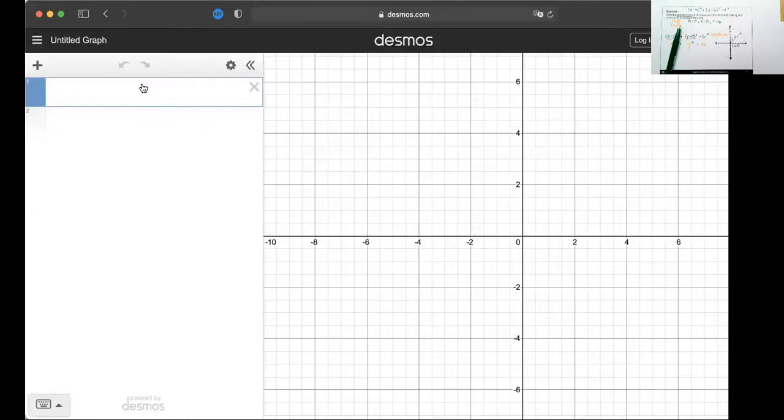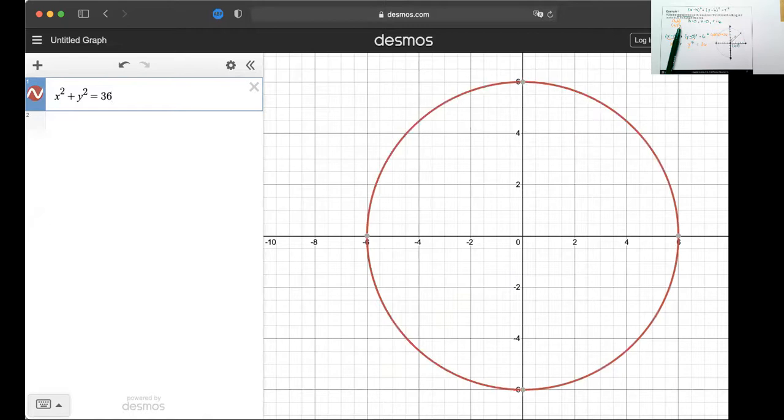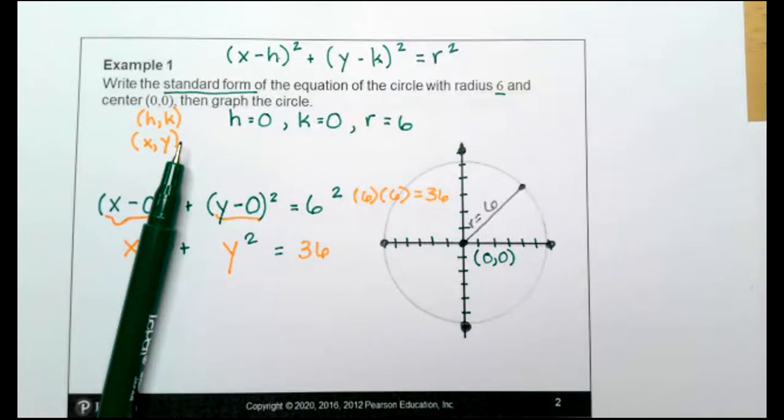We can also look at the graph and make sure a graphing utility gives us something similar. X squared plus y squared equals 36. So we see that it's at 6 or -6 at every axis. And so that looks like the one that I drew.